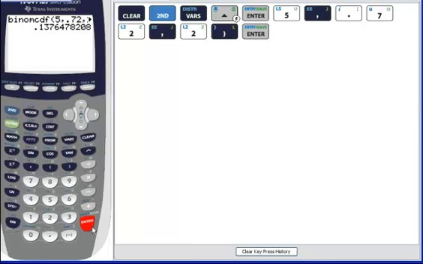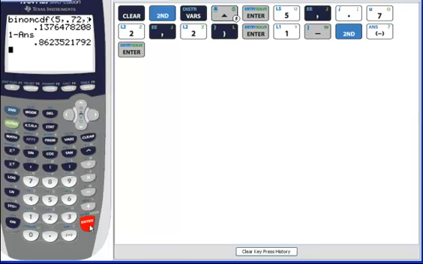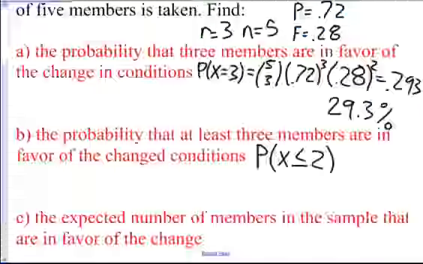We find that it's 0.13764, and so on. So if we do 1 minus our answer, we'll get 0.8623.